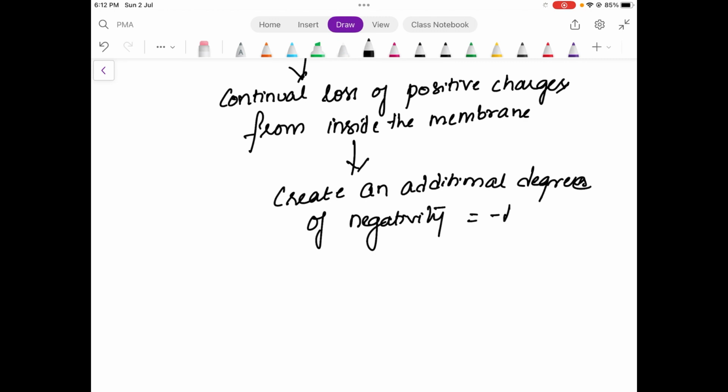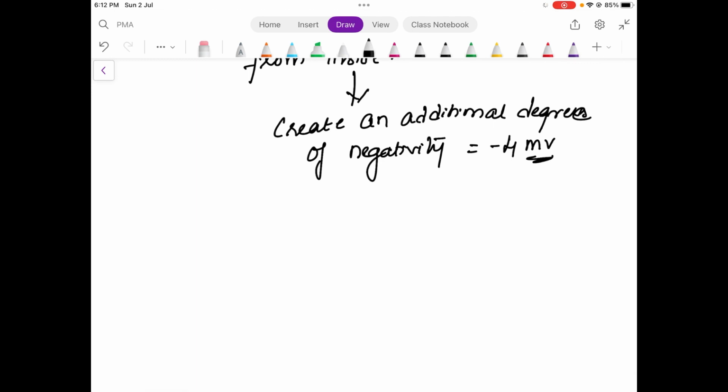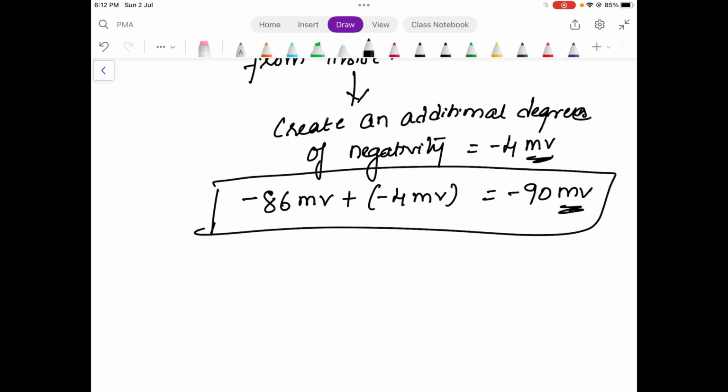How much negativity? We'll get around minus 4 millivolts, and we have to combine it with the summated potential. Minus 86 millivolts plus minus 4 millivolts, we'll get around minus 90 millivolts of resting membrane potential, the resting membrane potential of a nerve fiber in a resting stage. So the resting membrane potential of a nerve fiber is around minus 90 millivolts.